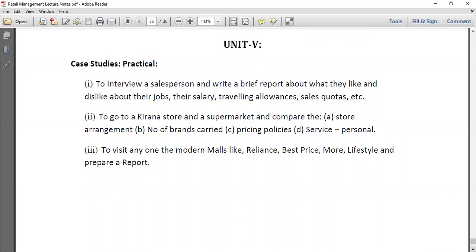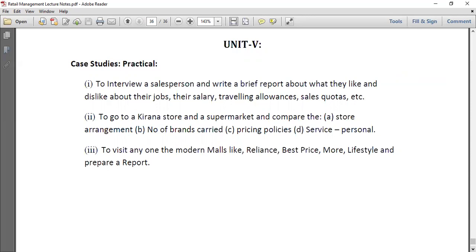Preferably spend time with an on-roll salesperson. We have off-roll and on-roll. You come across many salespersons who are working for dealers, wholesalers, and distributors. All these guys are off-roll. Focus on on-roll, a person who is working with the manufacturer.